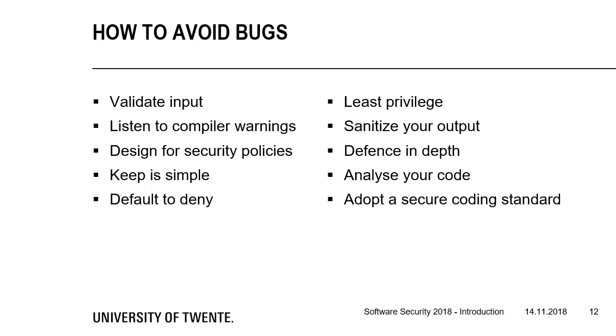The next thing is you listen to compiler warnings and also to the warnings of your runtime environment. When you compile your code, your compiler might generate warnings, and very often that warning is a very good indicator for insecure or broken code. So whenever you get a warning, you listen to it.